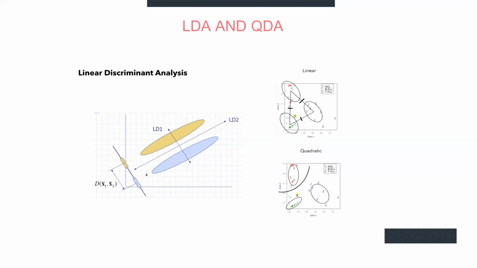As you can see on this image, you have some LDs, which are linear discriminants. You have LD2, LD1, and similarly to what we did in the PCA, we could use them to plot values based on them. On the other hand, you can see here in the lower right corner a quadratic discriminant line, which is very similar to linear. We just use a quadratic function.